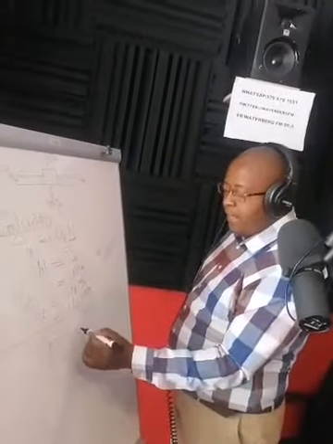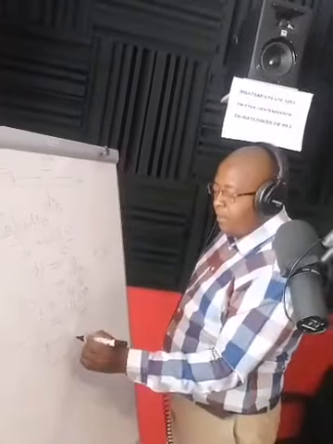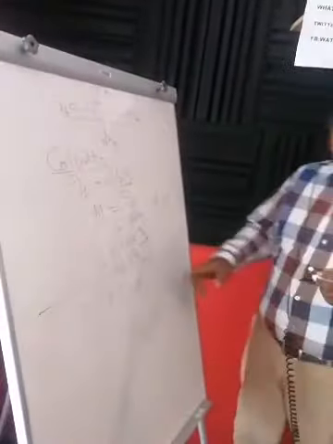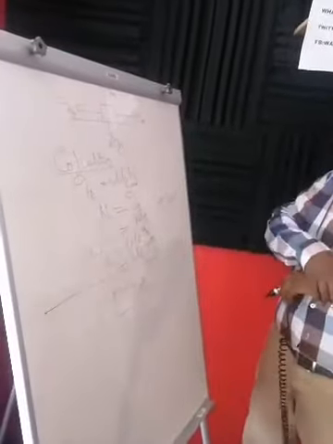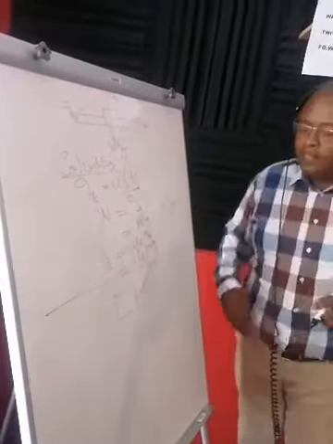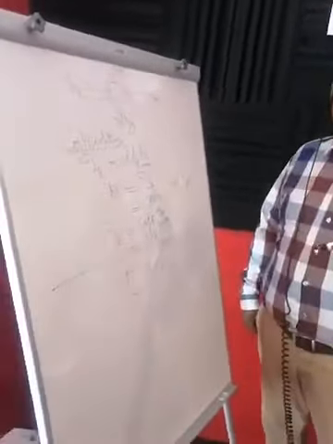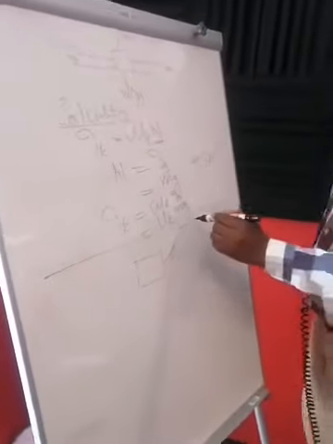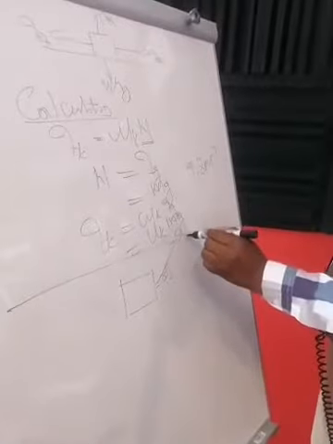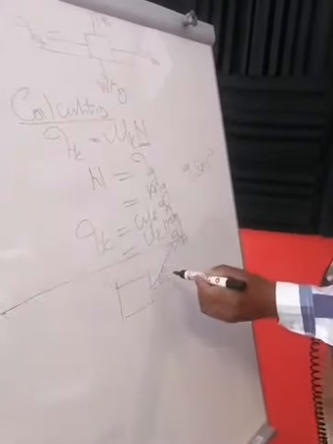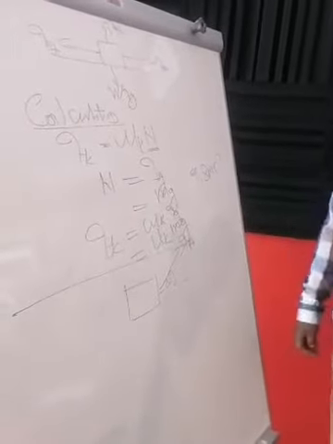So let's say, for example, the angle is 20 degrees. Pardon me for saying Celsius. So if it is 20 degrees, then your applied force is applied at an angle of 20 degrees with the horizontal.